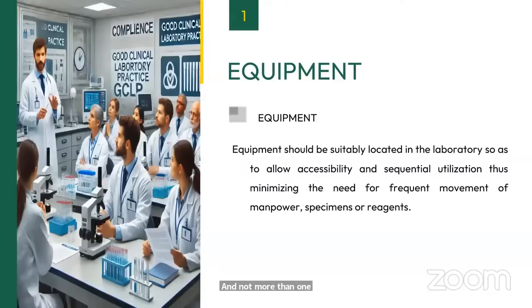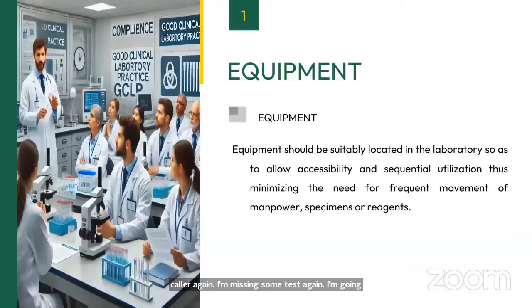So it should be appropriately located so that whoever is working on the equipment has that accessibility and need not carry the samples from here to there. Like one equipment I have maintained in this corner, the other equipment is in that corner. So I am taking the specimen from this corner to that corner. Again, I am missing some test. Again, I am going from this corner to that corner. So this should be avoided.